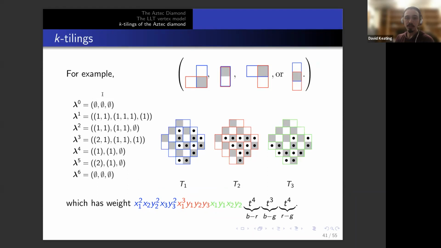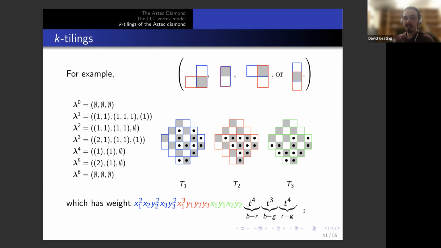So yeah, for example, if we take these tuples of partitions, this corresponds to these tilings, where the first partition in each tuple gives us the blue, the second partition in each tuple gives us the red, and the third partition gives us the green. And we have the X and Y weights, which you can just get from each color individually, just counting vertical dominoes.